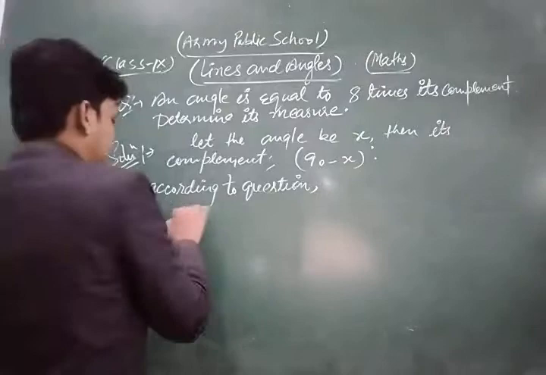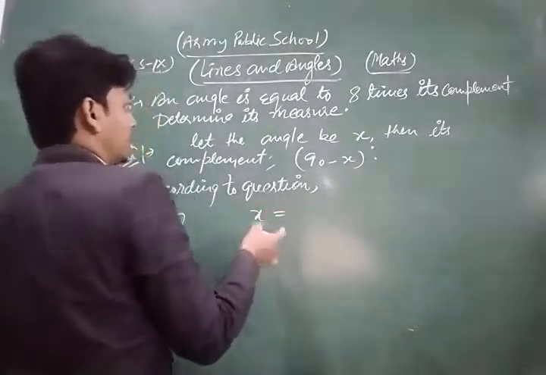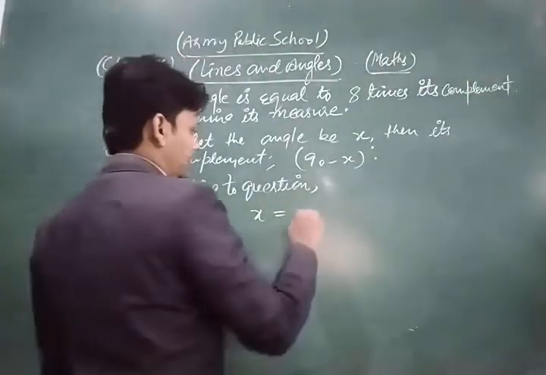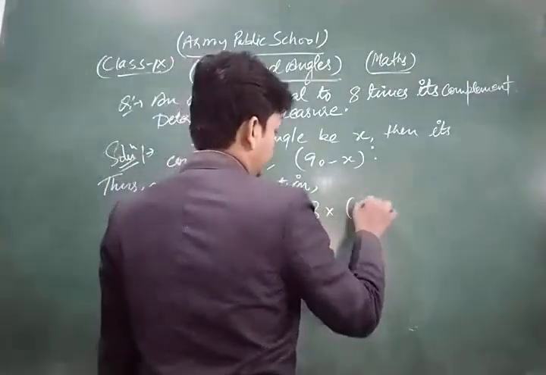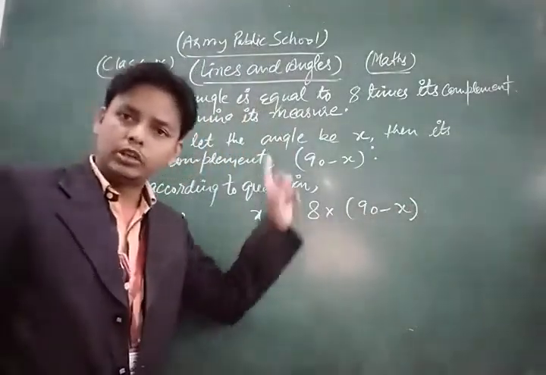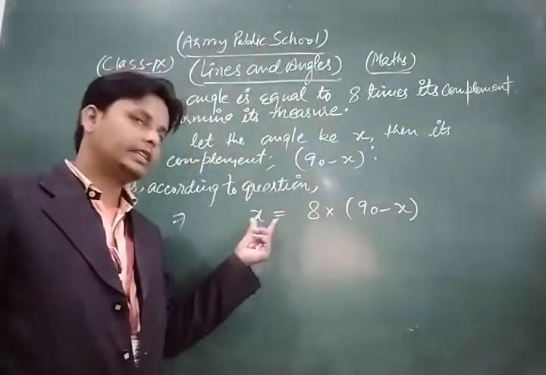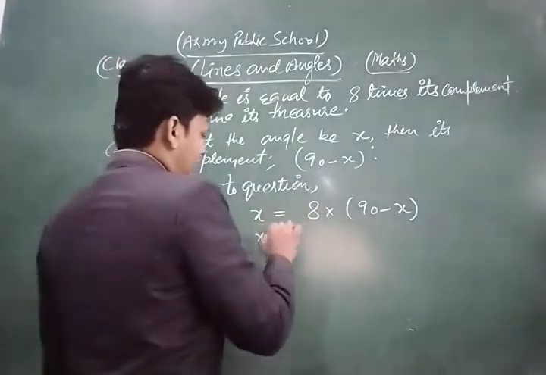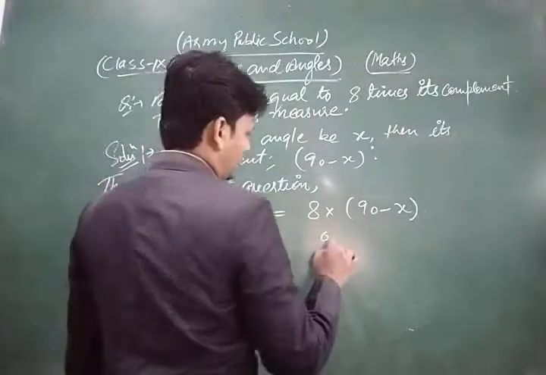So the angle is x, and 8 times its complement means 8 into 90 minus x. Now we simplify: x is equal to 720 minus 8x.